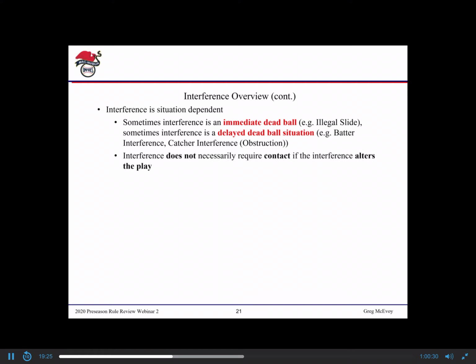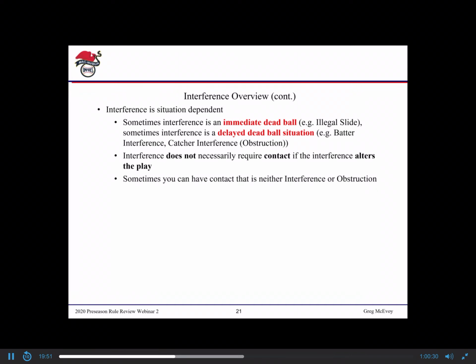Interference does not necessarily require contact. If contact occurs, you could have interference, but the interference could also alter the play, in particular for tonight, the catcher's ability to make a play. So the point here is contact is not required if you believe the interference had altered the play.